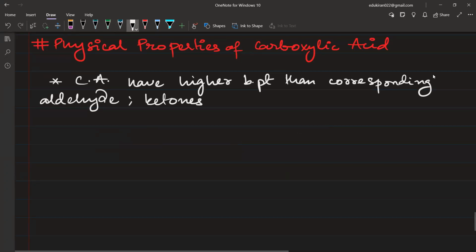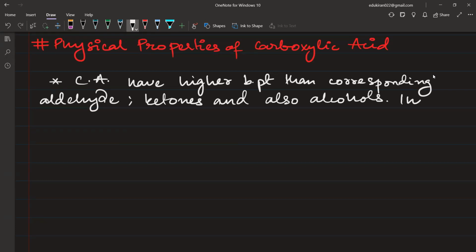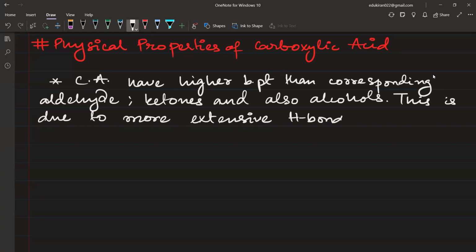Right, next. Corresponding aldehyde, ketones and also alcohols. This is due to more extensive hydrogen bonding. How does the hydrogen bond look?